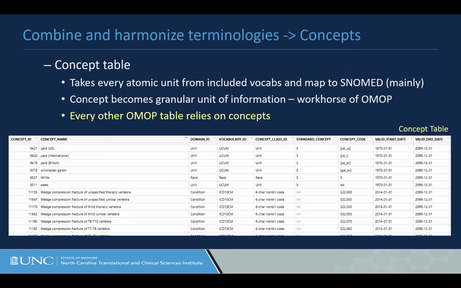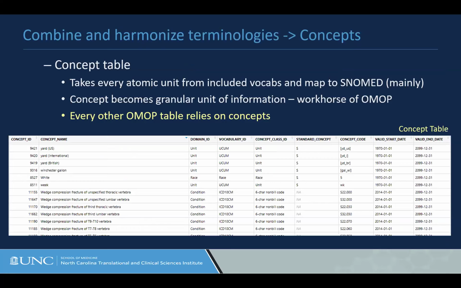So now we move from the vocabulary table to the concept table. The concept table is where the rubber really meets the road in terms of OMOP and the generation of actual usable code types of concepts for OMOP.